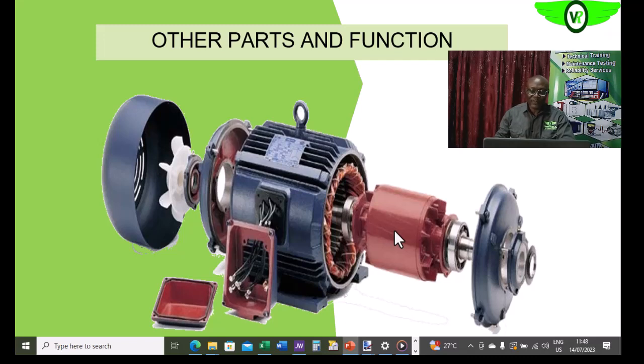So if peradventure one of them is not properly aligned, maybe because of worn out housing, you'll see that this rotor can rub on the stator, which can affect the integrity of the machine. So we'll see all of this later and how it can affect the driven load itself. Are we getting it? So the reliability of this seemingly unimportant component is also very, very important to the reliability of the entire electric motor system. So we want to take note of this also.